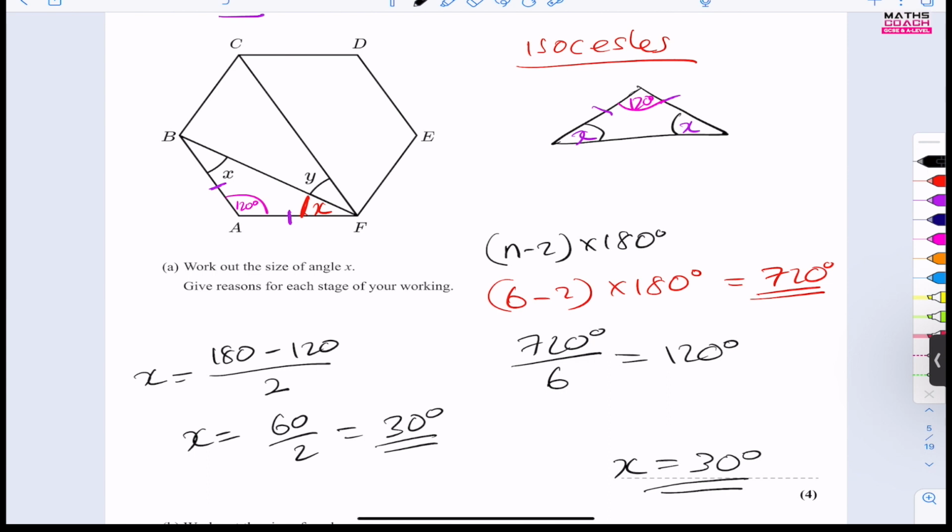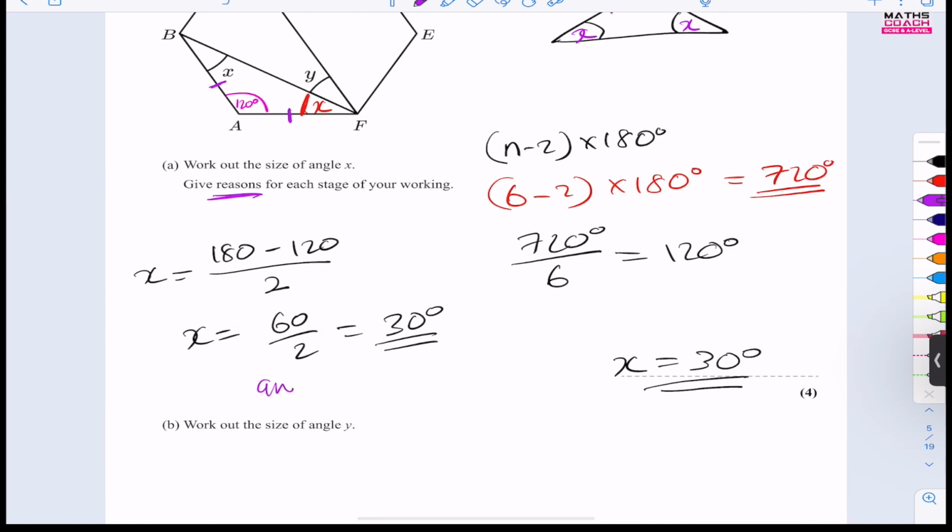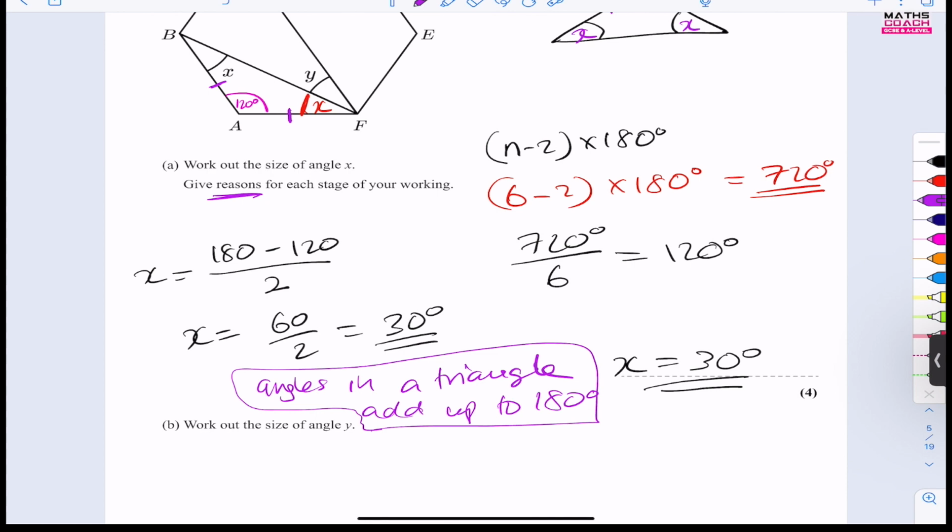Now, the question did mention give reasons for your answer. So one of my reasons is to identify this was an isosceles triangle. And the second one I need to give as a reason is angles in a triangle add up to 180 degrees. Okay, so that's my second reason.